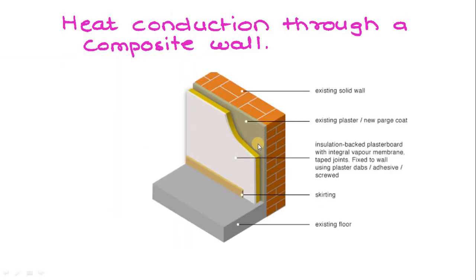Let's take an example of insulation in construction. Here it is the exterior solid wall followed by a plaster, and there is some insulation to get a desired heat effect. It may be a heating effect.